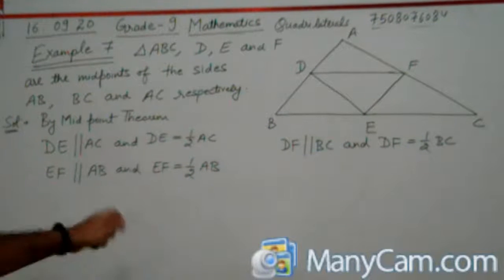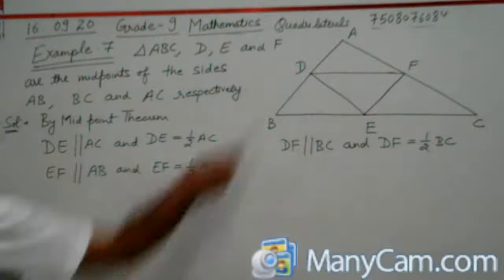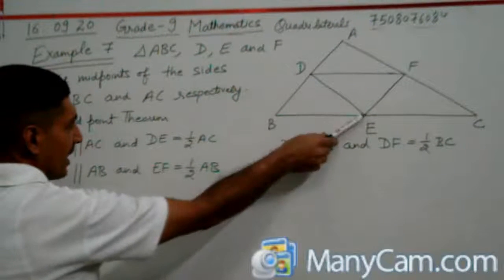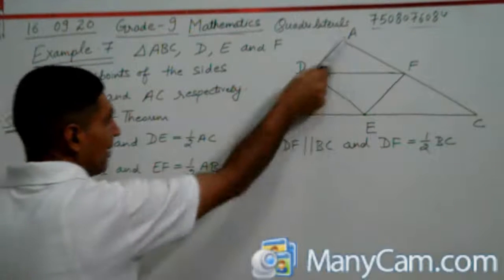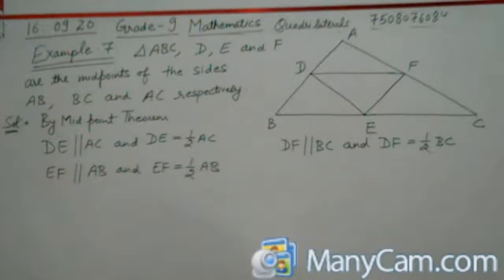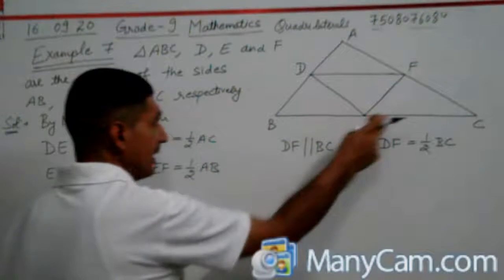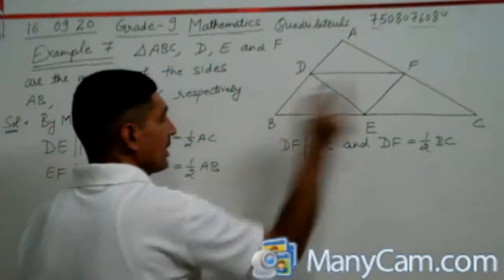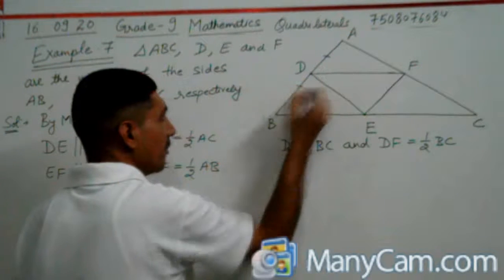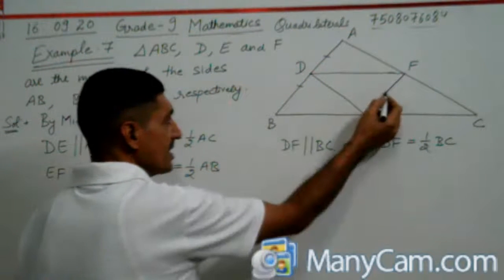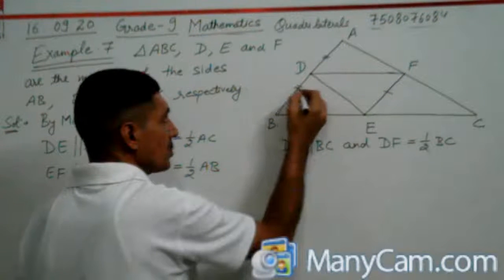The midpoint theorem says that when we join the midpoints, DE is always parallel to AC, the third side, and half of it. Now what do we have?